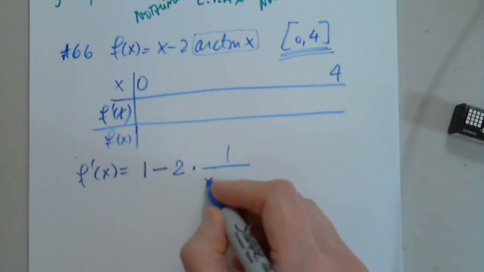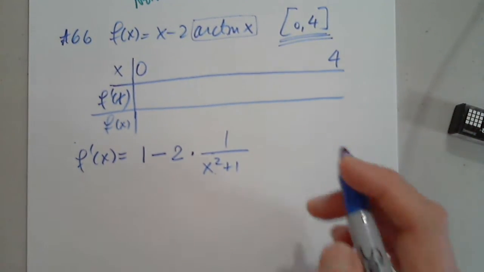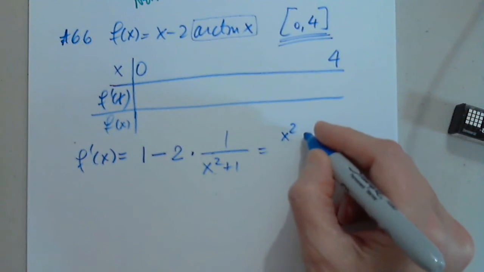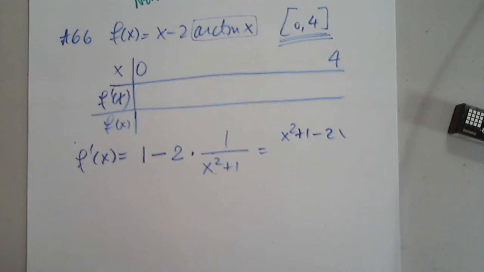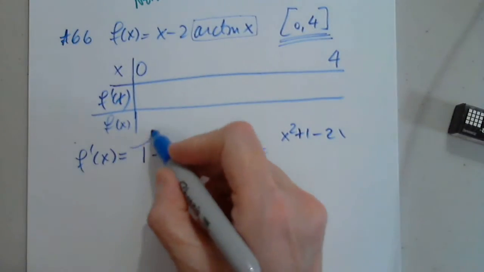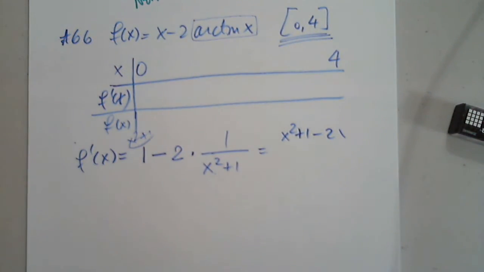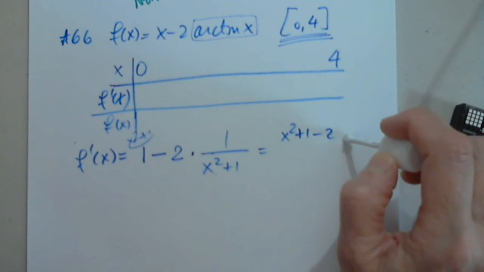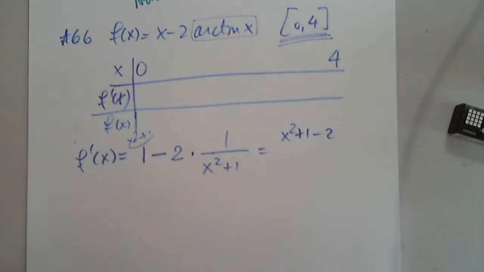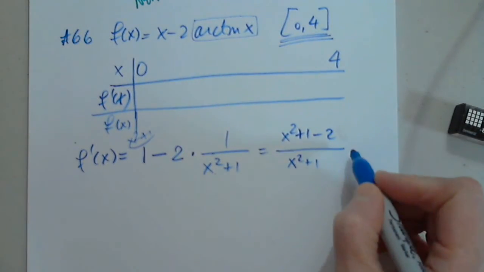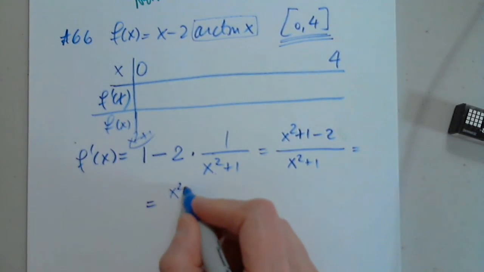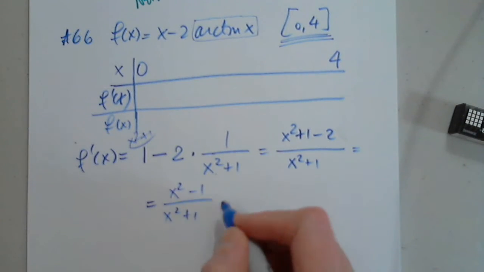Close. Good. So this is then x squared plus 1, so this has to be multiplied by x squared plus 1. And we have x squared plus 1 minus 2 divided by x squared plus 1. So this is x squared minus 1 over x squared plus 1.